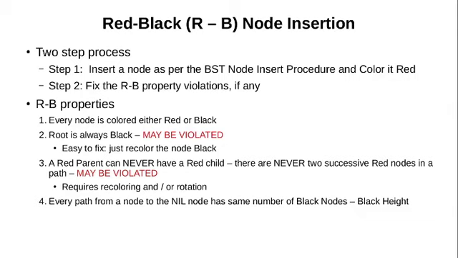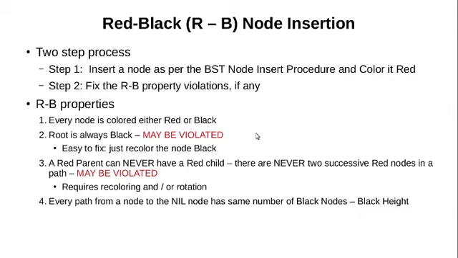Let's revisit the red-black tree properties in the context of node insertion. First, every node is colored either red or black. As we are coloring the newly inserted node, this property is never violated. Second, root is always black.